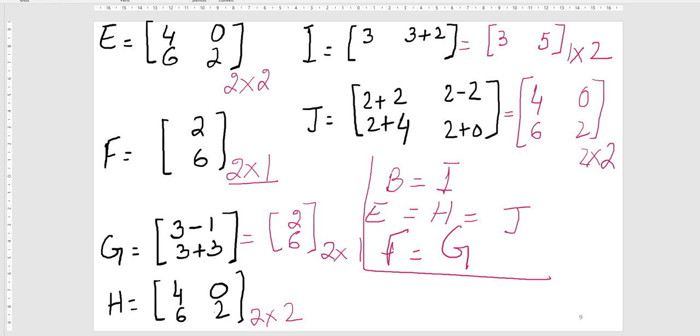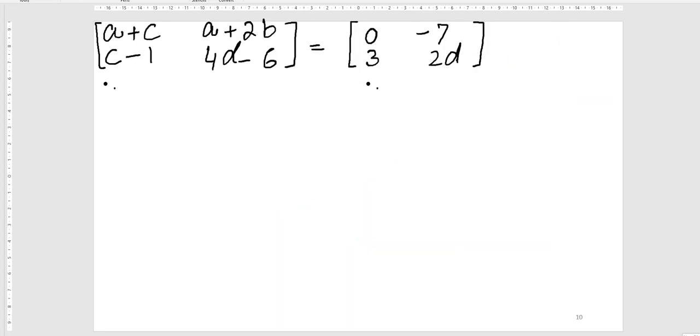Again, one more time, I will explain: if two matrices are equal, they should satisfy two conditions. First, the order should be the same. Second, their corresponding entries should be the same. Now you have to prove that the left hand side is equal to the right hand side.